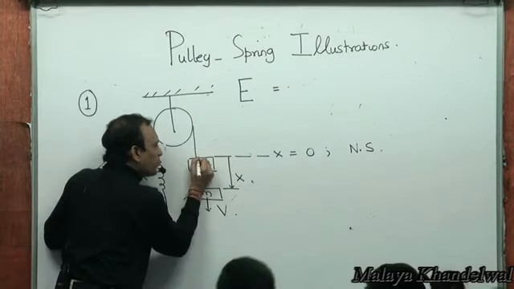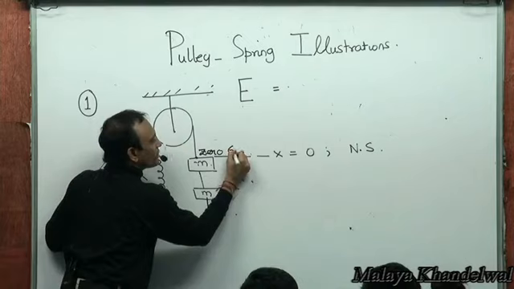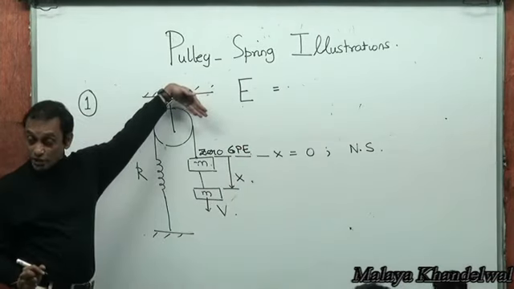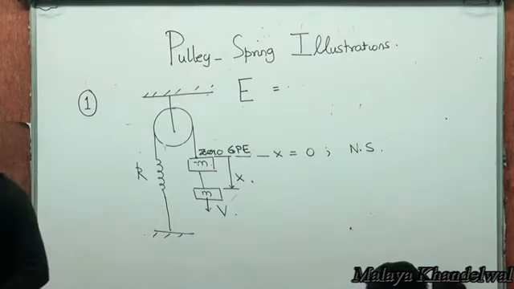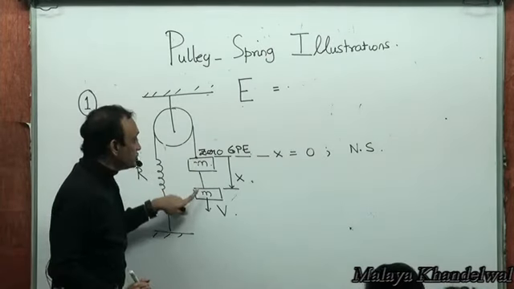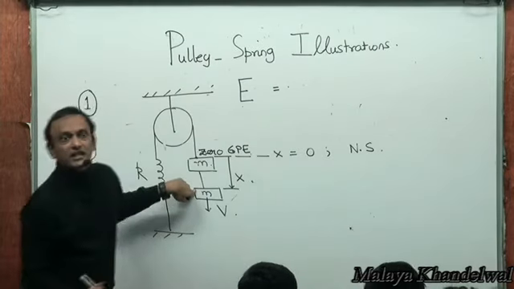If this point is 0 of gravitational potential energy, then above this will be positive gravitational potential energy, below this will be negative gravitational potential energy. So if this is 0 gravitational potential energy, do you realize this would be minus mgx? This is going to be minus mgx, right?